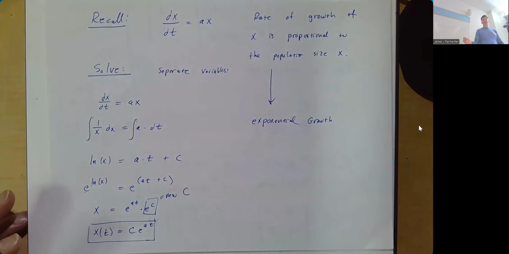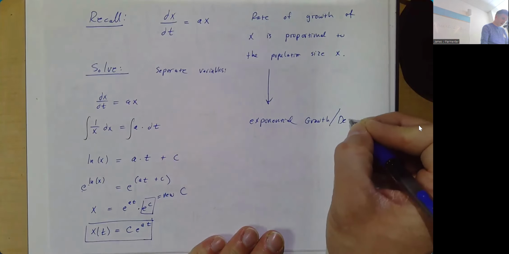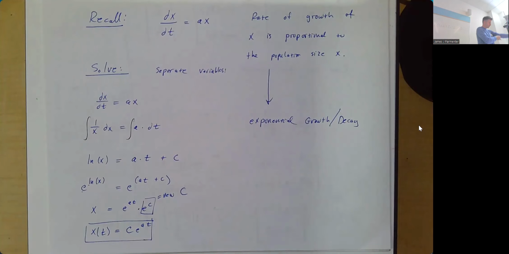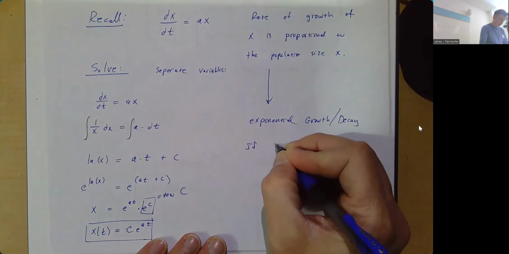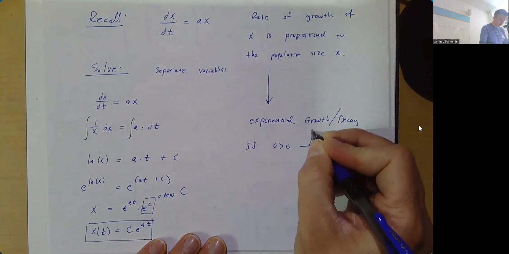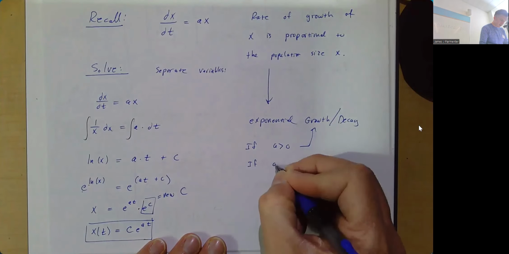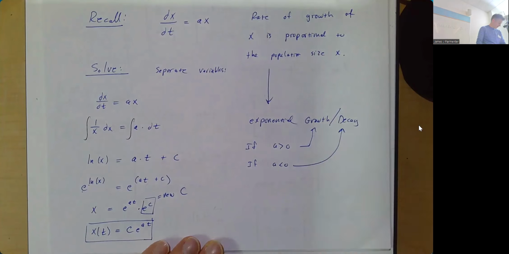It's exponential growth if the constant of proportionality is positive. It's exponential decay if that proportion is a negative number. But when we talk about populations, we usually think about them growing. So yeah, if A is positive, you get growth. If A is negative, you get decay.